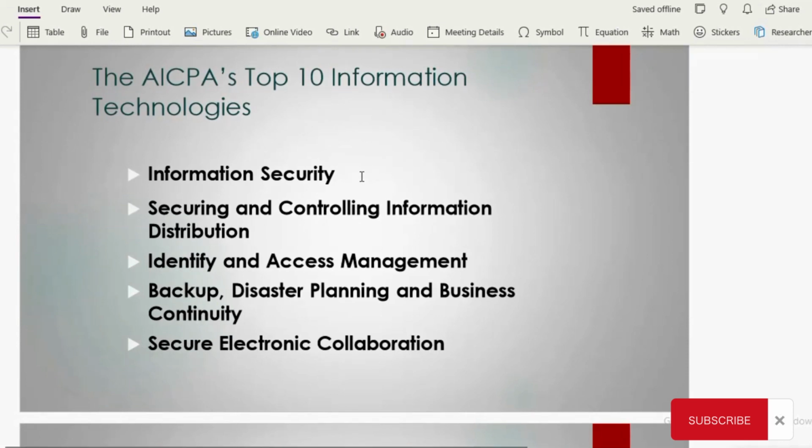Number one, they figured out that information security is a key and hot topic for researchers. It's very important because, from an accounting perspective, the system stores sensitive information, so the security of this information is very important.